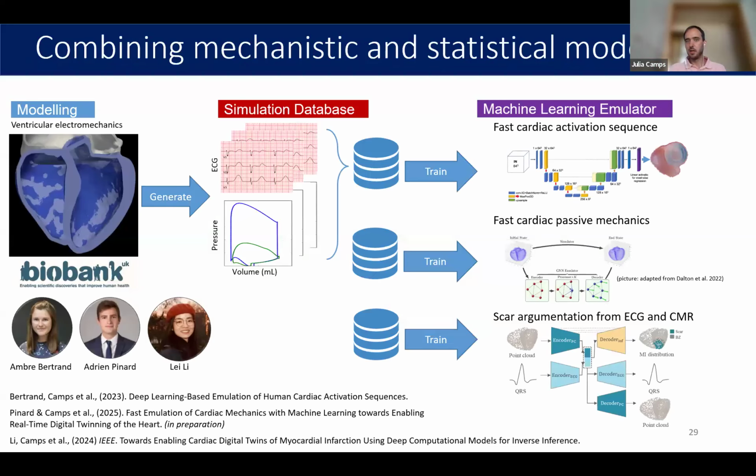Having said this, to further break down the difference between statistical and mechanistic models, you can actually use mechanistic models to train statistical ones. Then your statistical model becomes an emulator, a surrogate of your mechanistic model, and it ends up learning all the physics laws and all the physics equations that you had put in the former one.